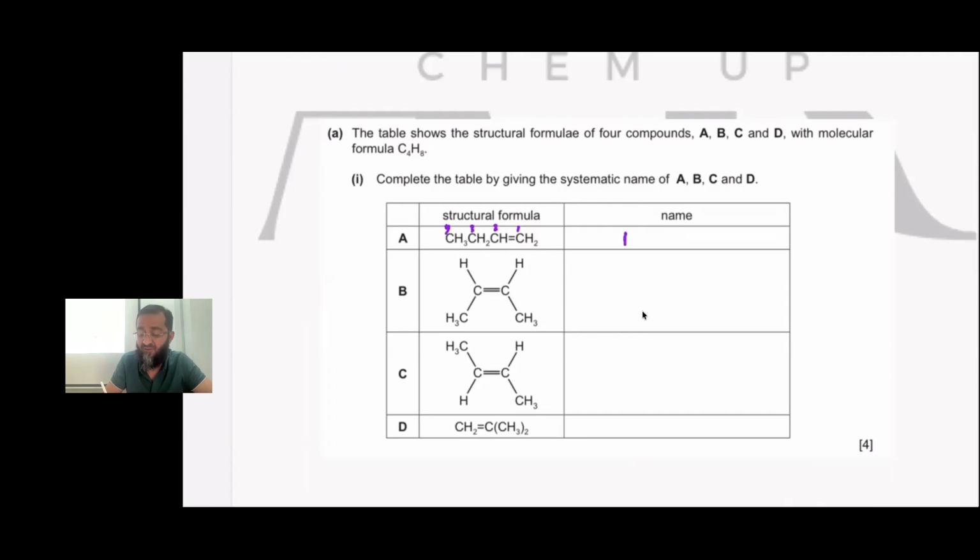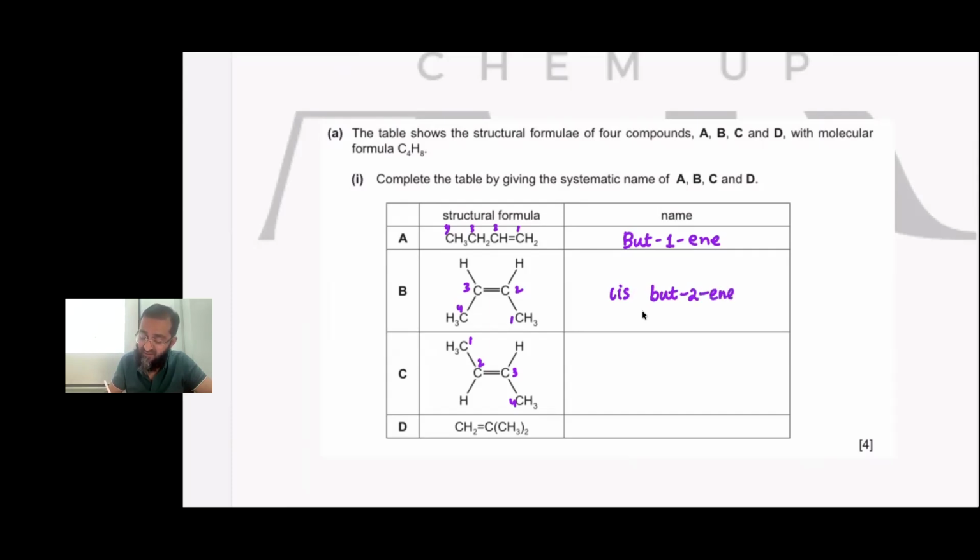There is no side chain, no functional group except but-1-ene, or you can write butene. Similarly, if you look at this, 1, 2, 3, 4, it is also going to be butene, but this one is going to be called cis-butene. Now, why am I using the cis? That's what we will discuss later.